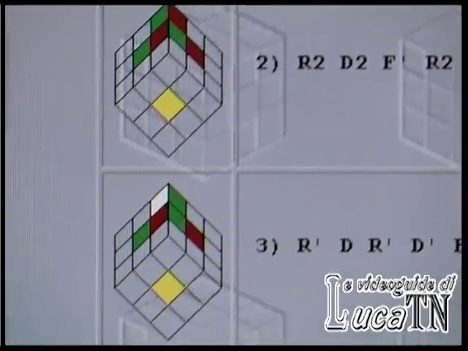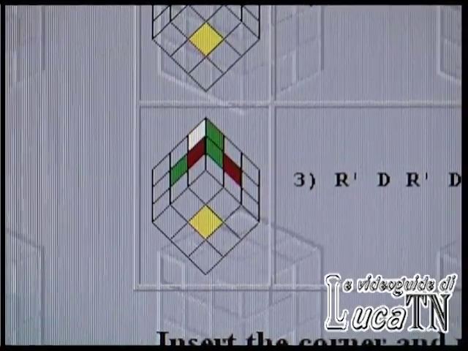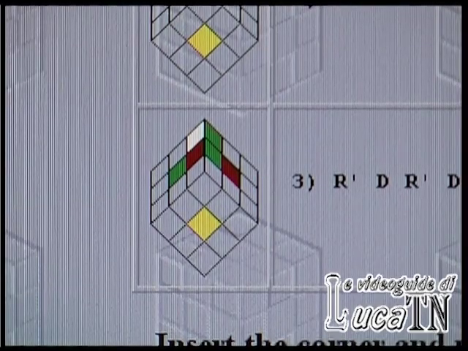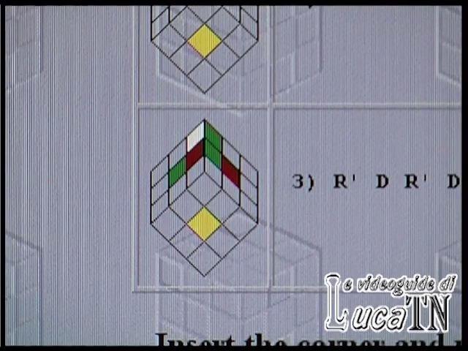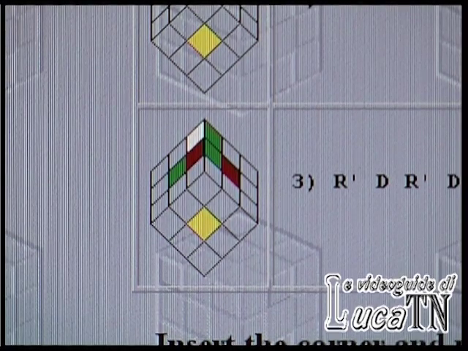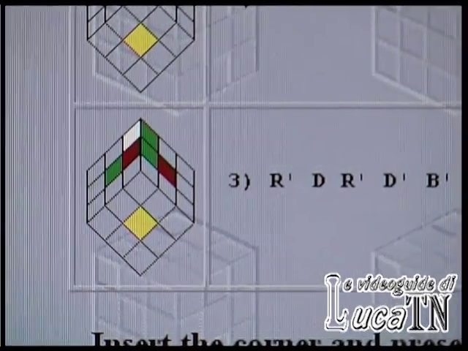Then we have another kind of situation where the white has to be twisted in the corner, in the upper side of the cube, and the edge too. And this is the algorithm. R', D, R', D', B', D, B, R2.